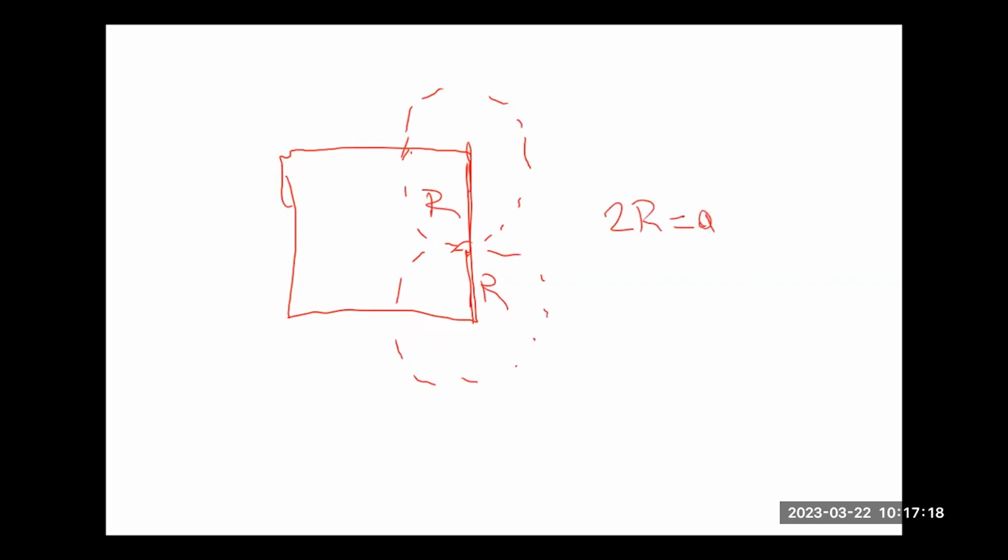And for simple cubic, we have only 1 atom per unit cell. So 4 over 3 pi (a over 2) cube divided by a cube. The answer should be 0.52. And who can do it for BCC? So this is for simple cubic.